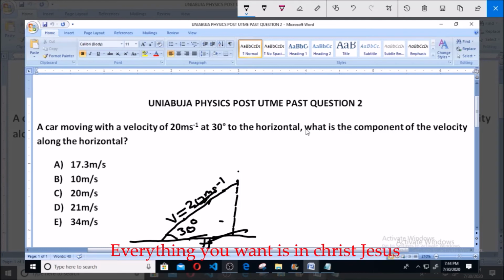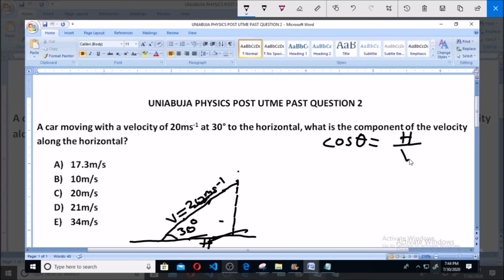So the expression will be cos, which is our cosine. The general expression will be cos theta, representing our angle, is equal to h over v. Remember that this h is like our adjacent, so h, which is our horizontal plane, over v, which is our hypotenuse in this equation.